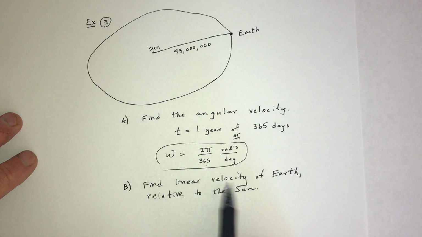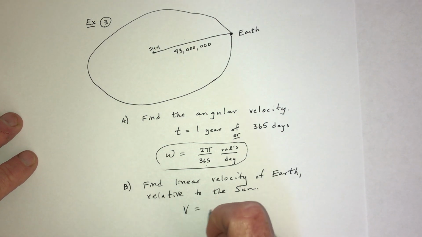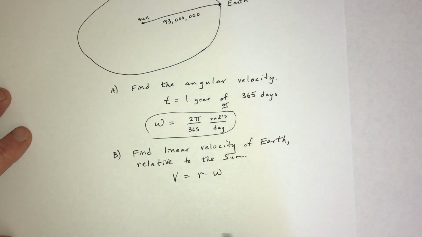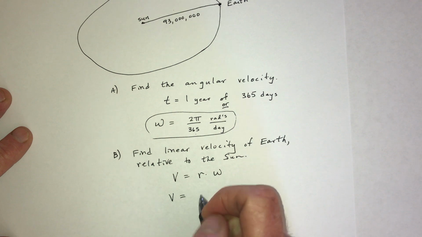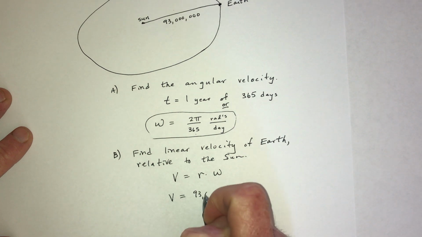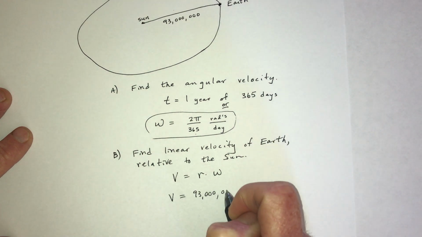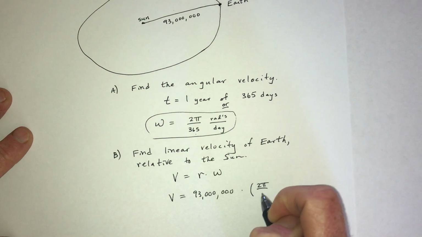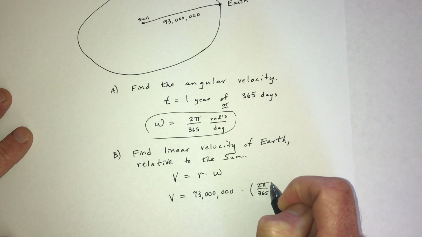Well, with linear velocity, we could use the formula that it's r times omega, because that would be a good idea since we already have the omega right there. And so it's going to be, the radius is 93 million miles, and then times the omega, 2 pi over 365.